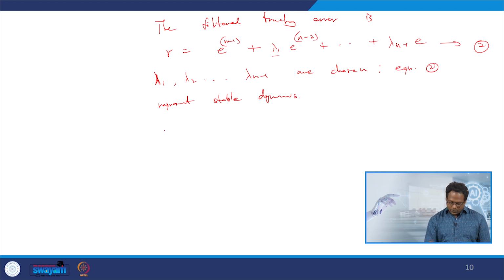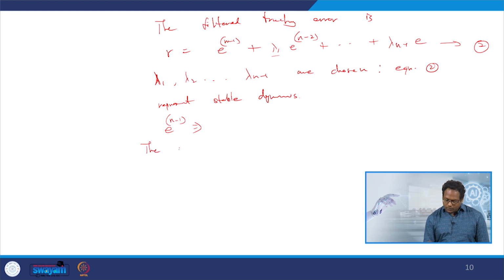And we know that e power n minus 1 is given by the n minus 1th derivative of the tracking error E.